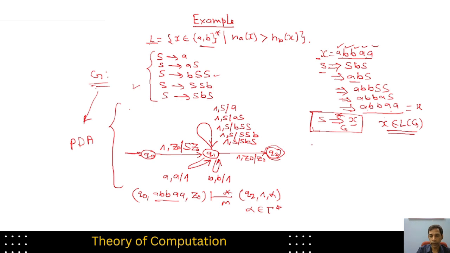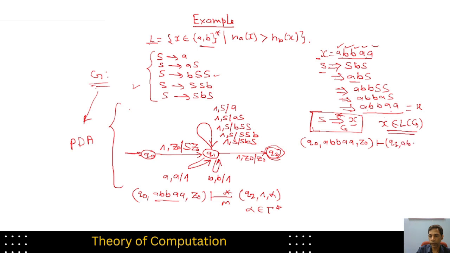Say that you are at the state Q0, with input A double B double A, and Z0 on the stack. This is the configuration. From this configuration, your machine transits from the state Q0 to the state Q1 without consuming the input.